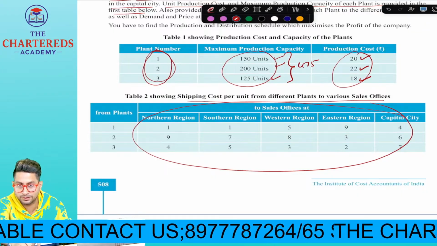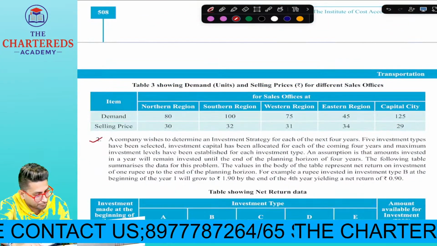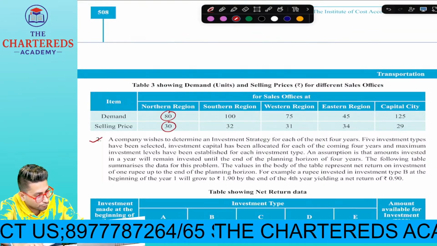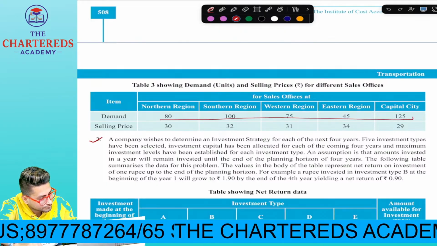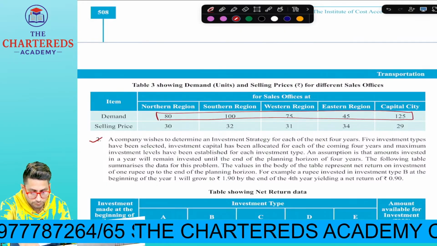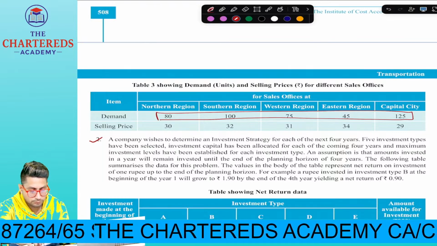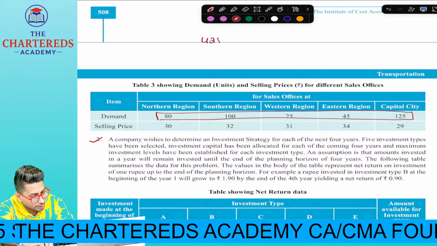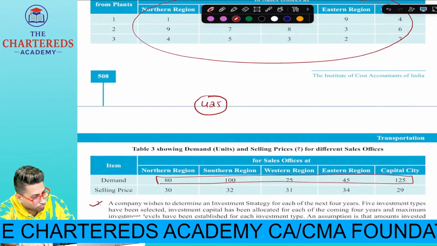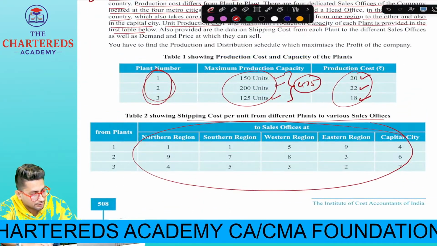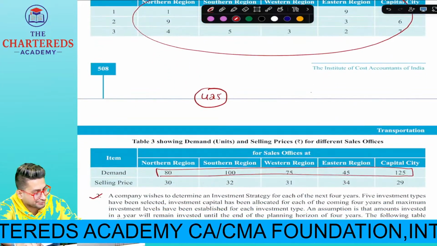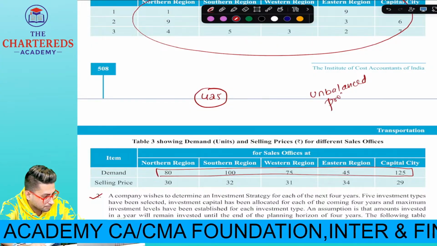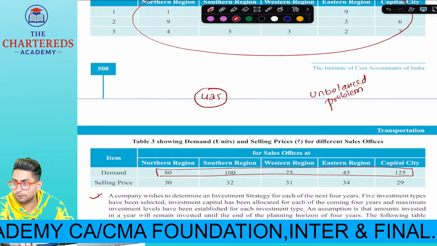I think we have done a similar problem, right? They have given us demand, and the selling price is there. Now, first check the demand and tell how much. Your demand is 425. Supply is 475. So is it balanced or unbalanced? Unbalanced problem. And then check whether it is profit or loss.